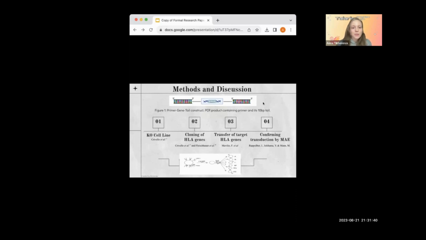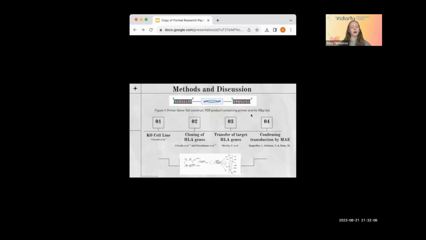The HLA gene sequence here represents a placeholder for my genes, the 6 genes that we chose out of the 30,000 using the database. It represents those genes because the code is very long, so I wasn't able to paste it in there. So that is what will be transduced back into the knockout cell lines.